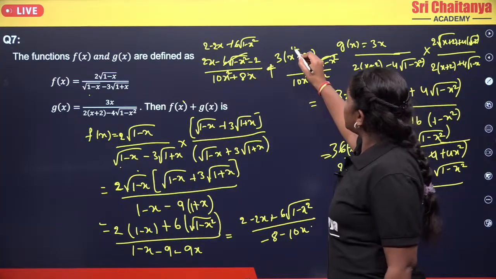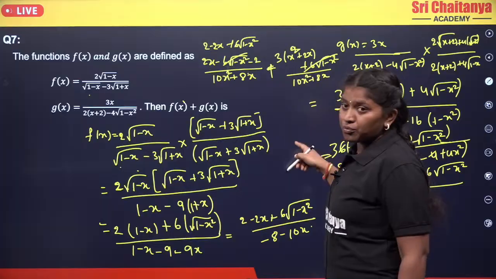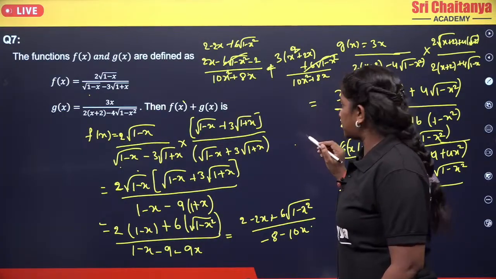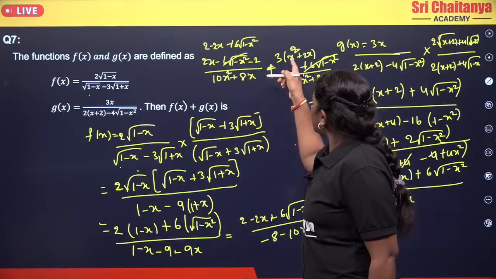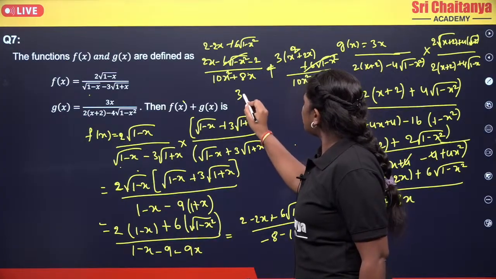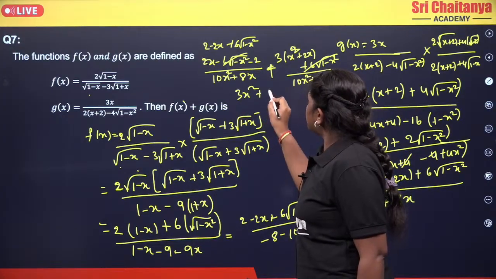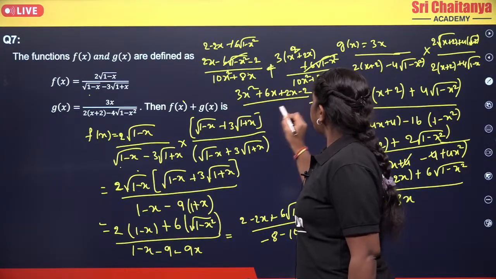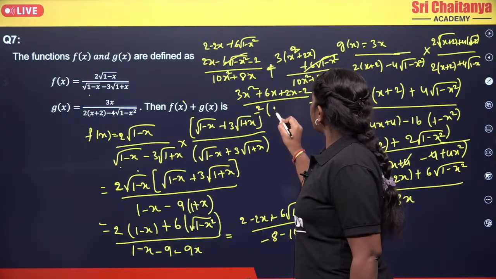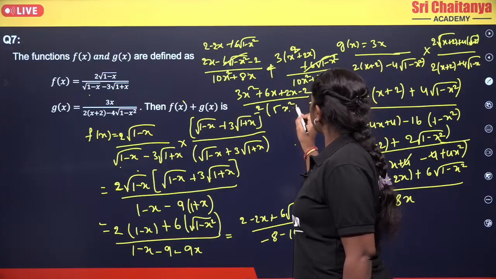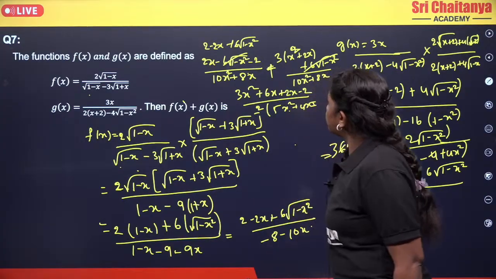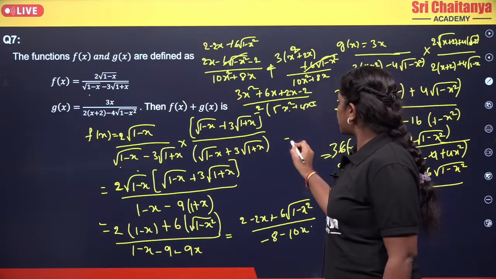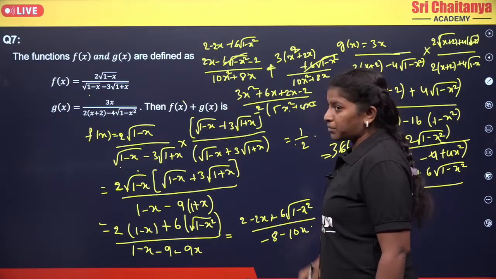So now after placing this, you will be getting whatever the x value you will be having. Okay, so now here if you consider, it will be 3x square plus 6x plus 2x minus 2 by, I am taking my 2 common, so it will be 5x square plus 4x. Okay, so this is how we will get, and after cancellation you will get the complete value as 1 by 2.